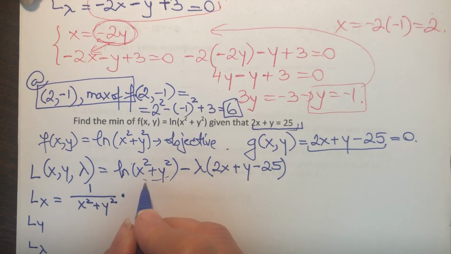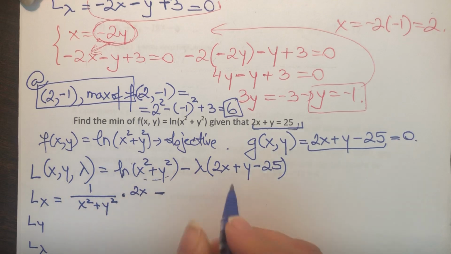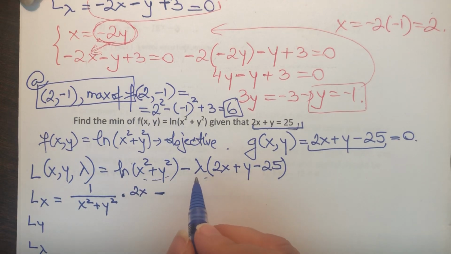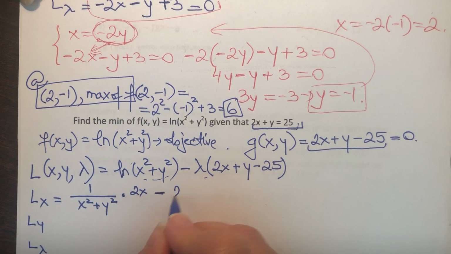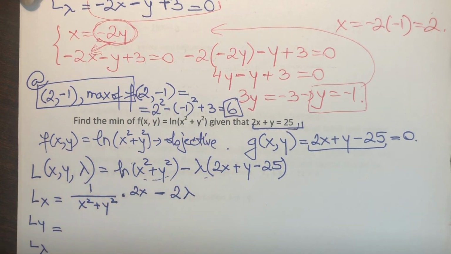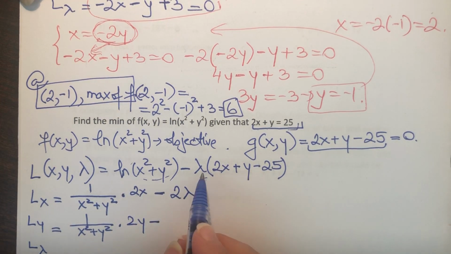Inside the parentheses, the derivative of x squared is 2x minus, there's another x in here, so the derivative of negative 2x lambda is negative 2 lambda. The same thing, Ly will be 1 over x squared plus y squared, then this time times 2y, minus only what? 1 lambda. So the derivative of lambda y is lambda.